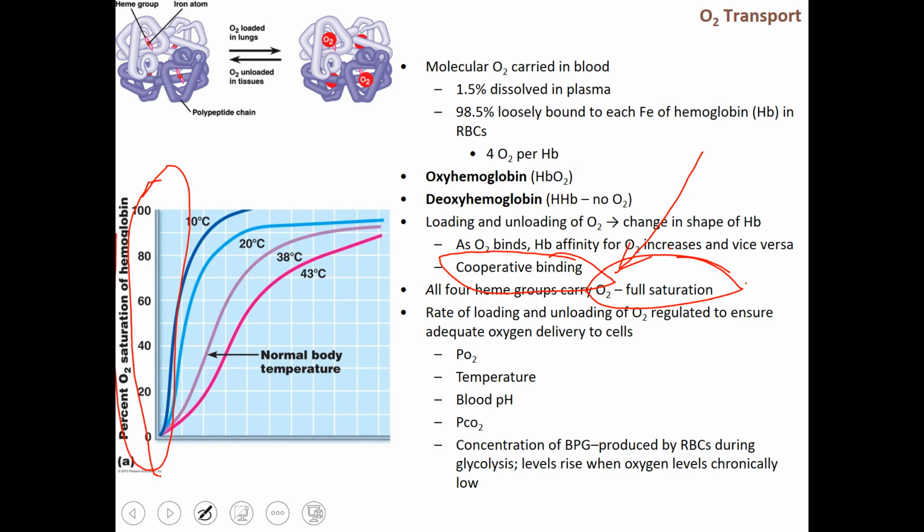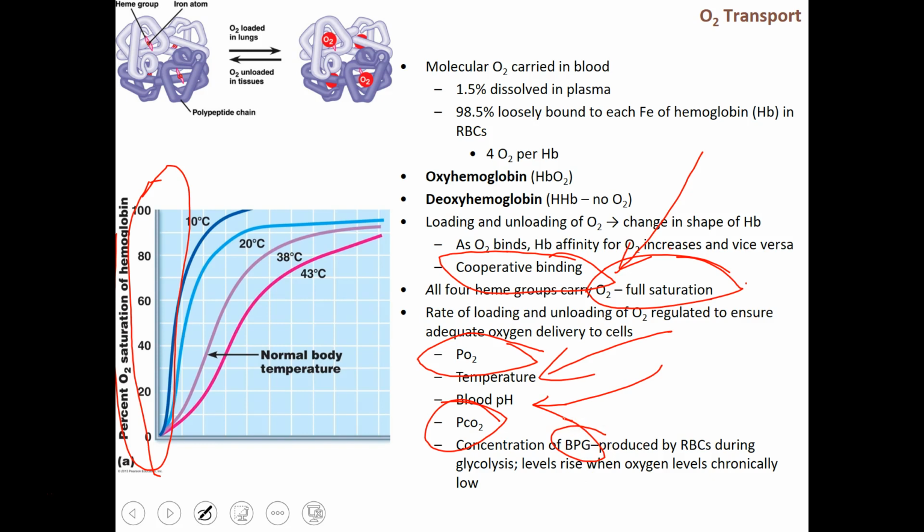Now, the rate of loading and unloading depends greatly on the partial pressure of oxygen in alveoli and tissues, temperature, blood and tissue pH, partial pressure of CO2, and concentration of BPG, the molecule that's produced during glycolysis by red blood cells.